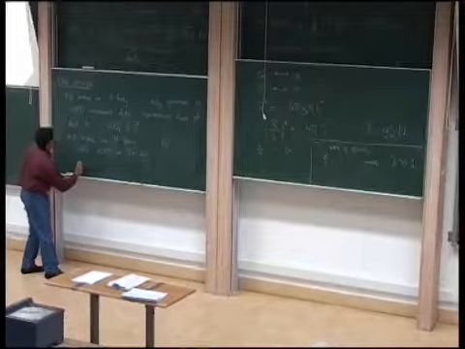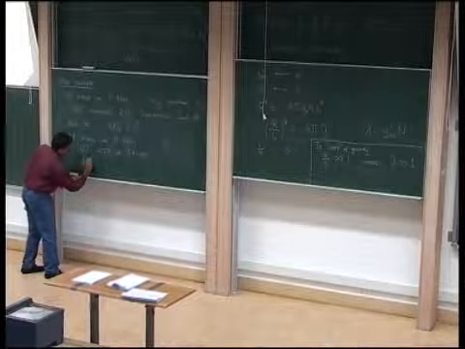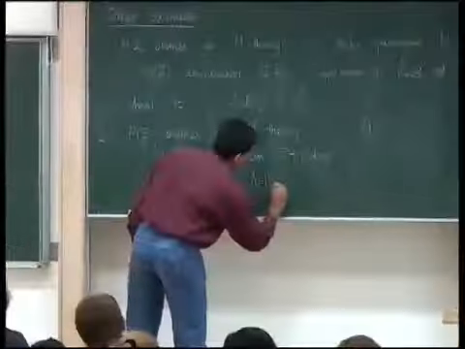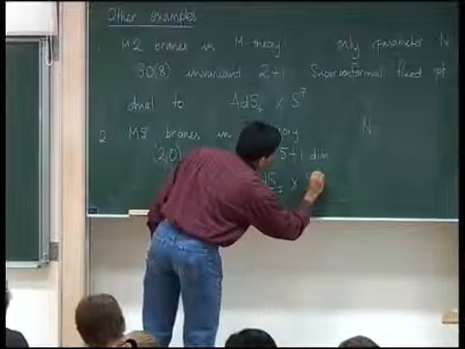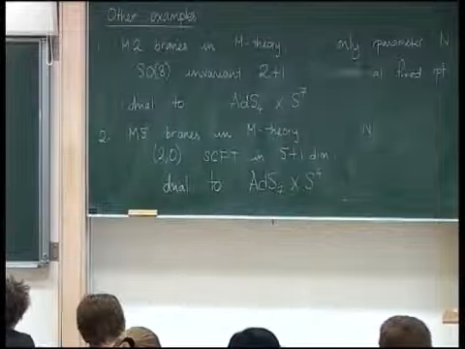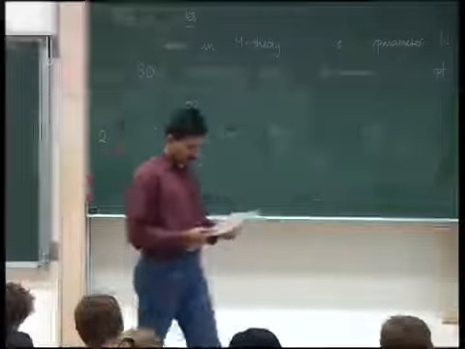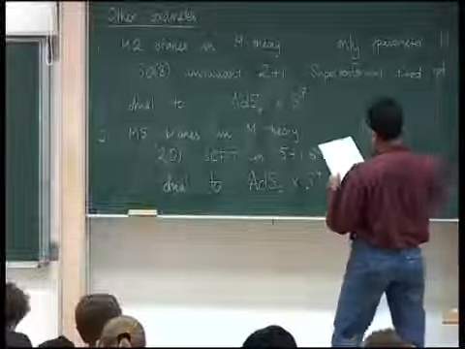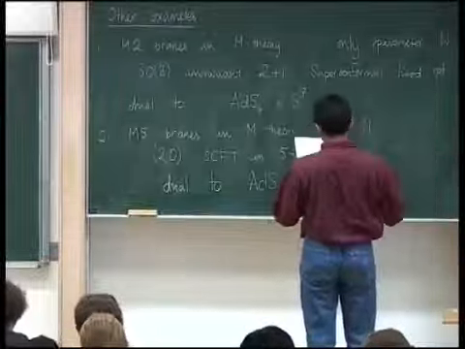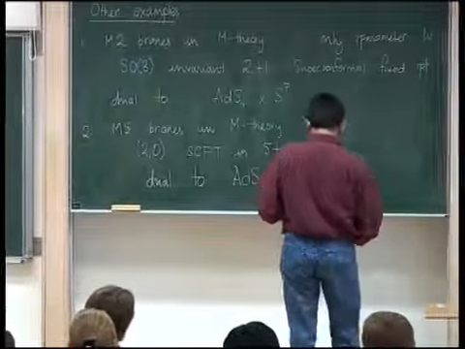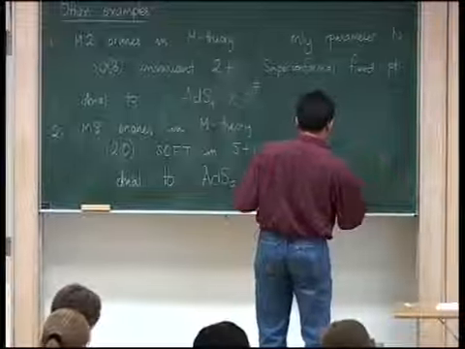And this is dual to seven-dimensional anti-de Sitter space times the four sphere. And in both cases, there's a simple relation between the AdS radius and n.